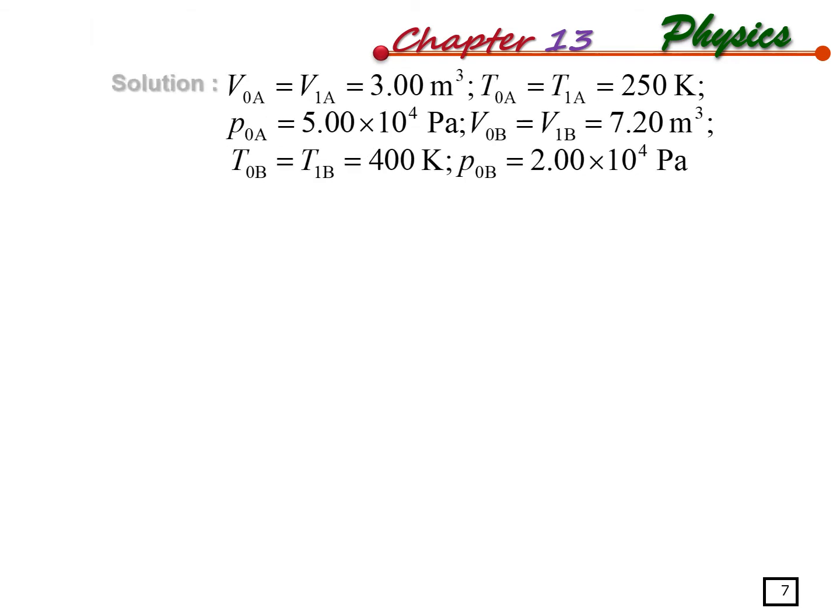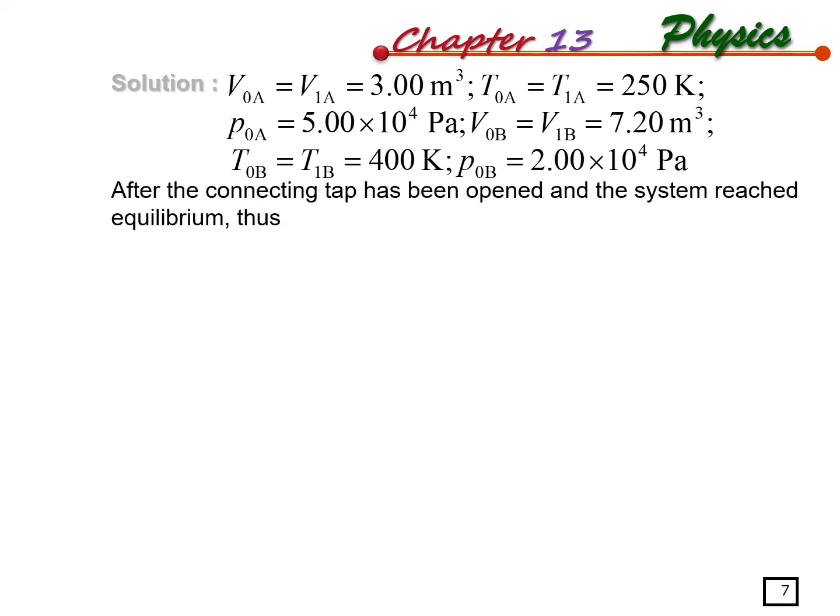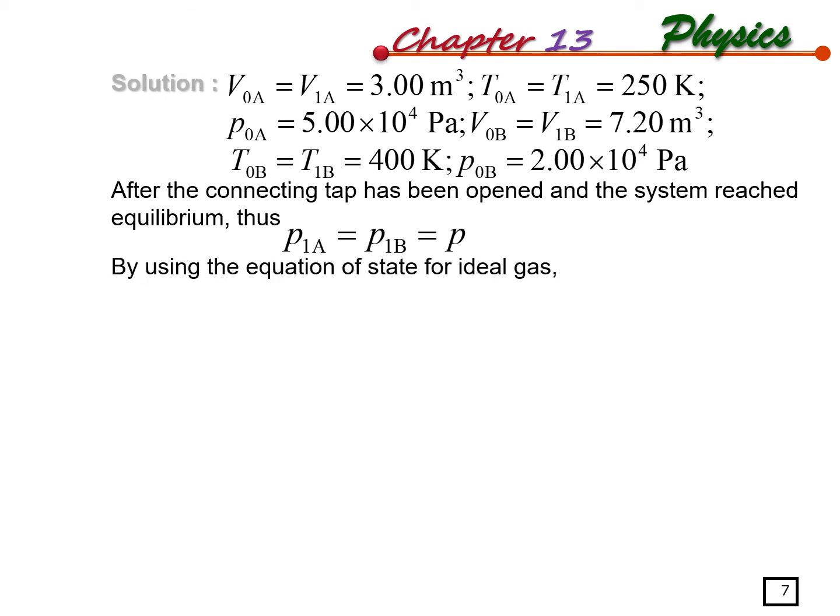For the solution, we have the initial volume, initial temperature and initial pressure of A, and then the initial volume, initial temperature and pressure of B. After the tap has been opened and the system reaches equilibrium, the pressure will equalize, so we will have the same pressure.